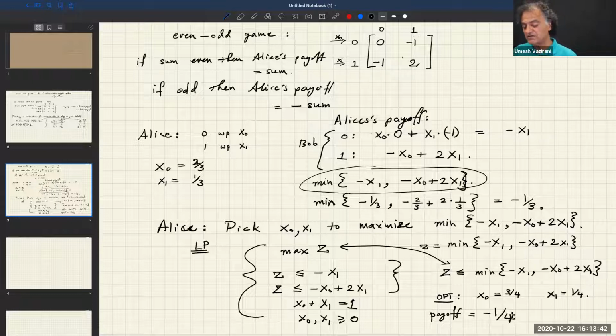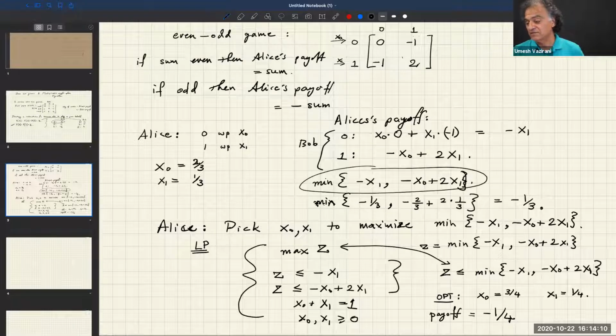He's trying to figure out, how should I play? Well, he says, look, if I play 0, this is what Alice is going to win, minus x1. If I play 1, this is what Alice is going to win, minus x0 plus 2x1. Which one do I prefer? Well, obviously the min of the two, because whatever Alice wins, I lose. So I want it to be as small as possible. So that's why Bob picks the min.